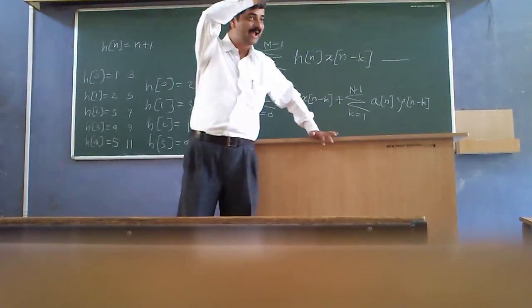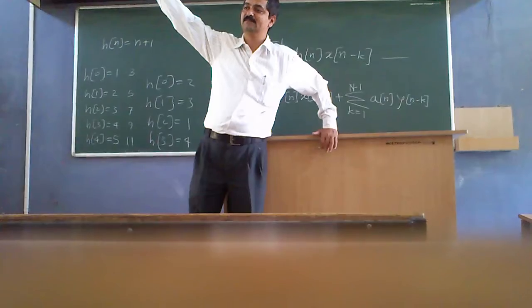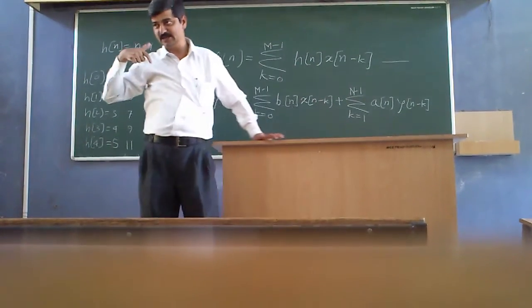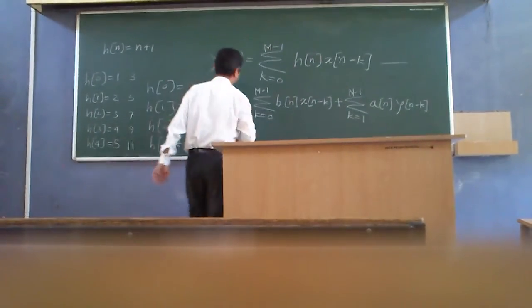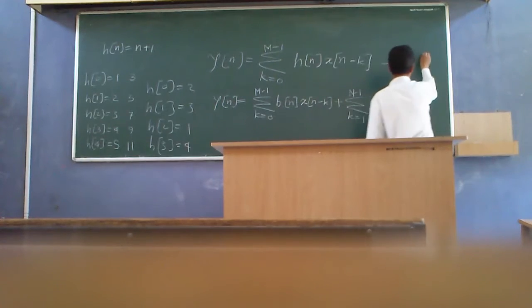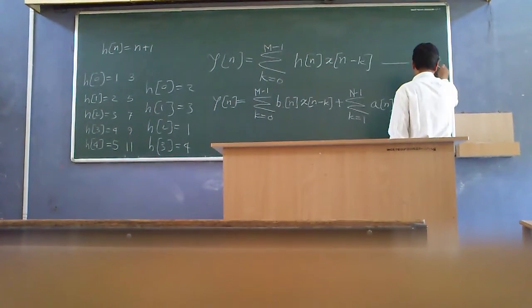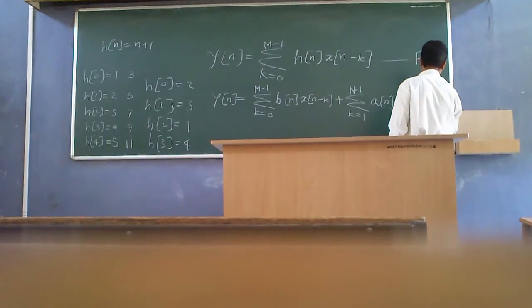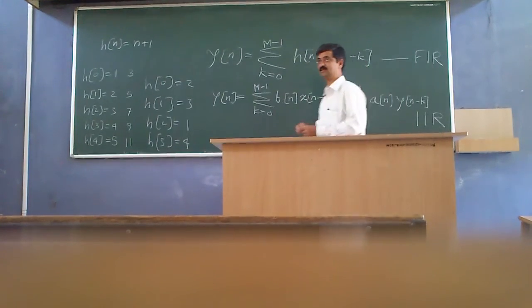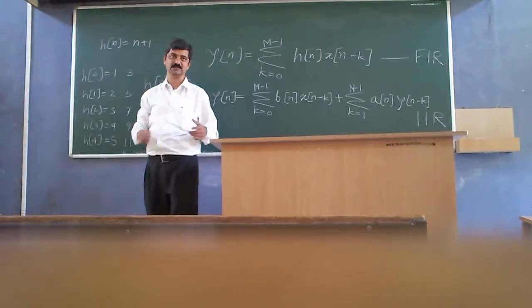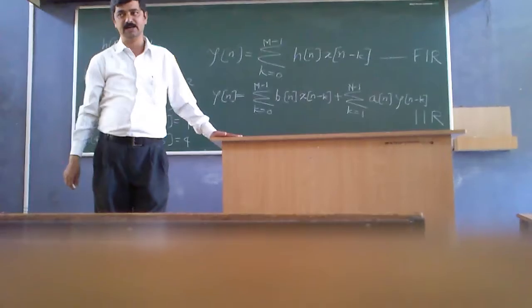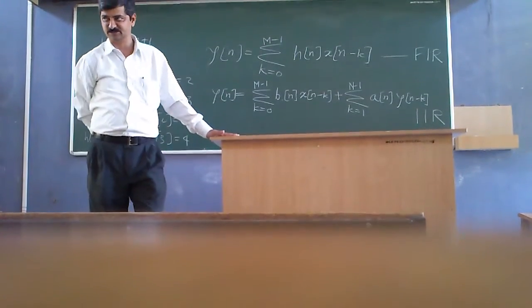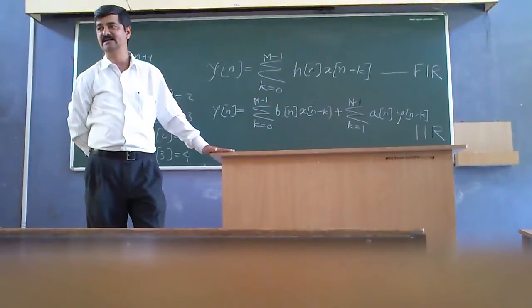So I go back till infinity, and therefore this is called as, why it is called as FIR and why it is called as IIR, also I will explain. FIR and IIR systems. It is called as FIR system and IIR system. Finite impulse response and infinite impulse response.